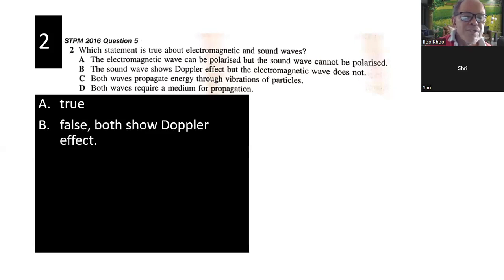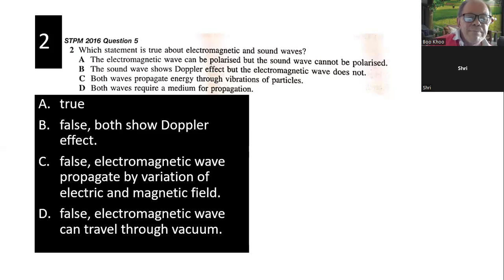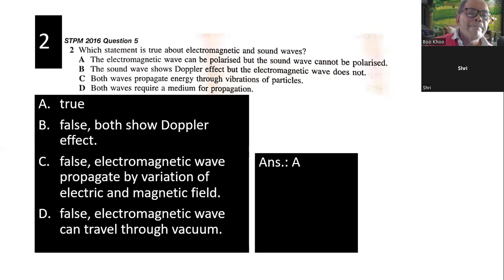Electromagnetic wave does not. That is false. Both show Doppler effect. Both waves propagate energy through vibration of particles. Not for electromagnetic wave. Electromagnetic wave propagates by variation of electric and magnetic field. Both waves require a medium for propagation. No. Electromagnetic wave can travel through vacuum. Okay, good. A.